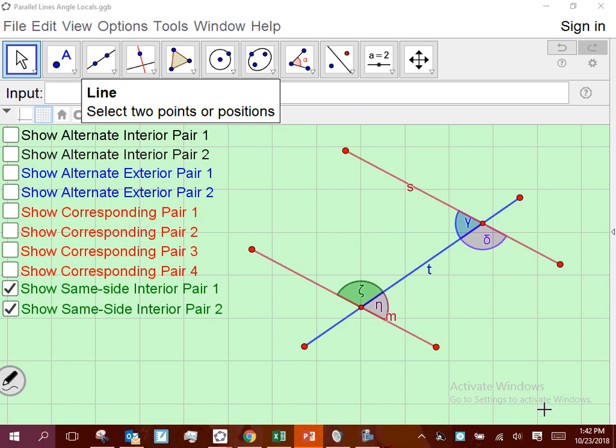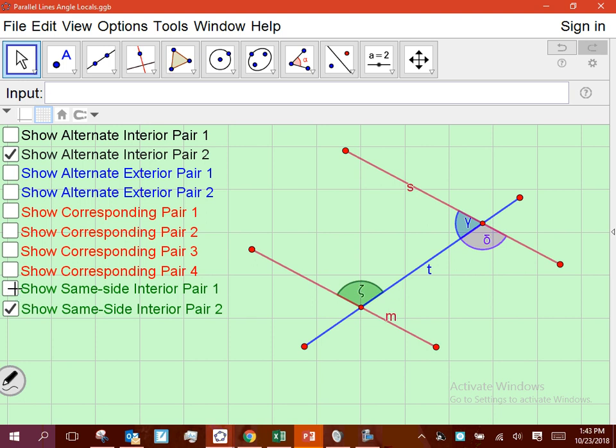But what we already know to exist, like linear pairs, or if I look at, say, look at these two right here. Are they vertical? So all the relationships that we know about vertical angles are still going to exist.